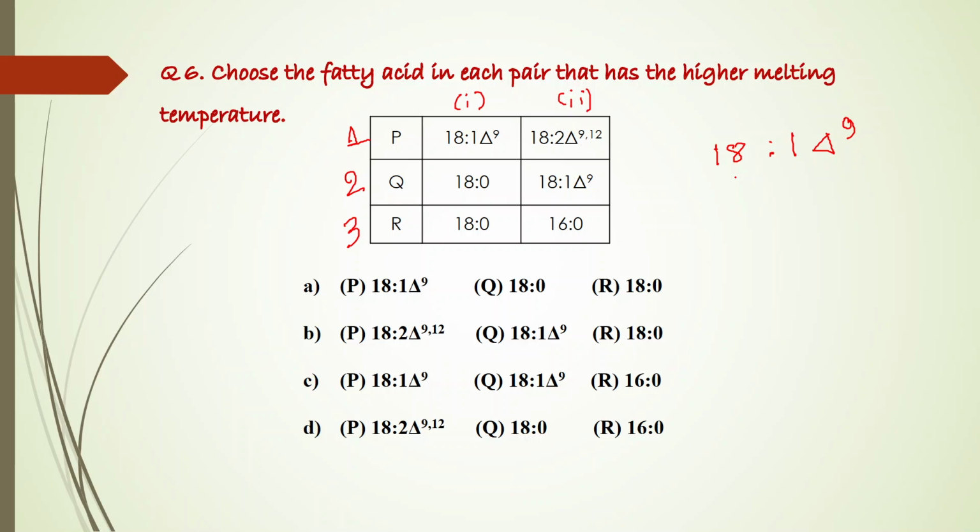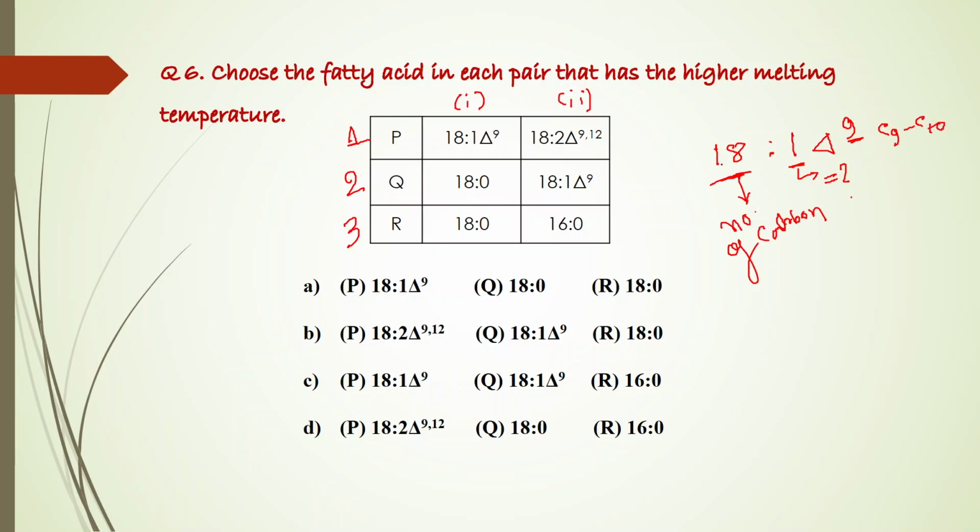In the last session as well, I mentioned that the first number tells you how many carbon atoms are there. The next number tells you how many double bonds are there. And this number, which is in the power of delta, tells you the place of the double bond. 9 means the double bond is between carbon 9 and carbon 10.